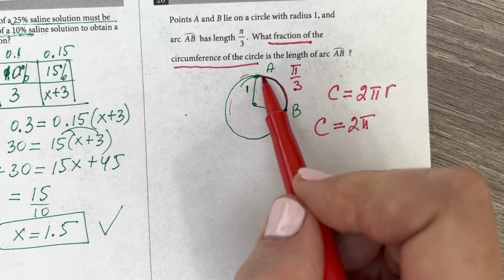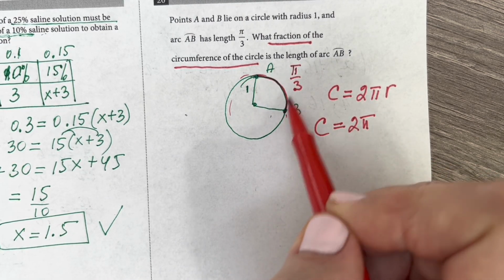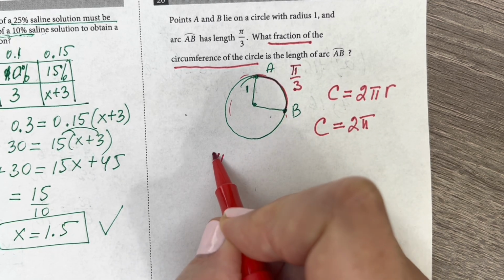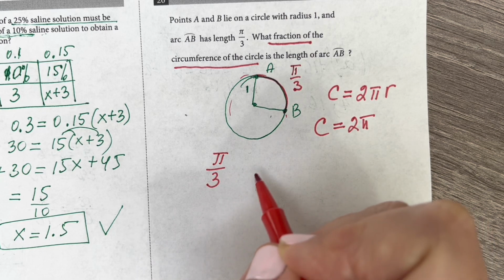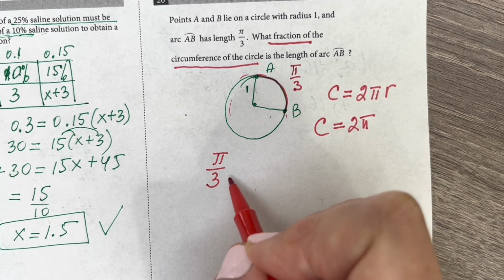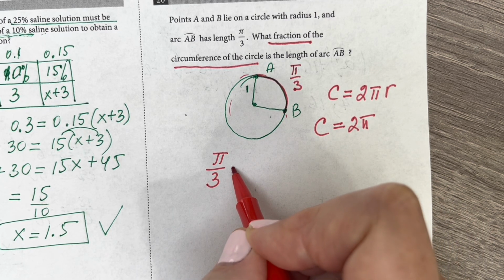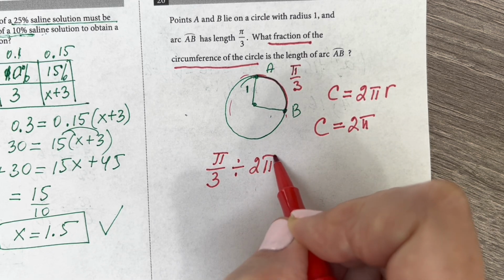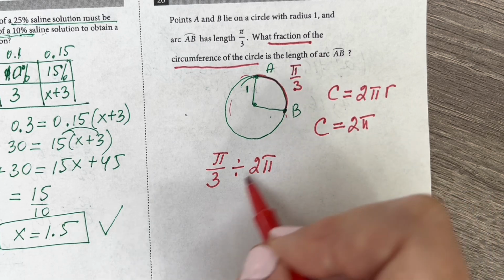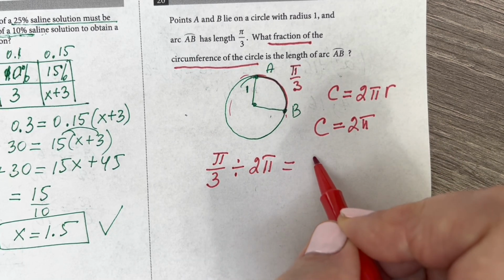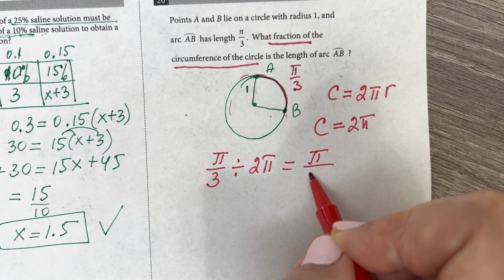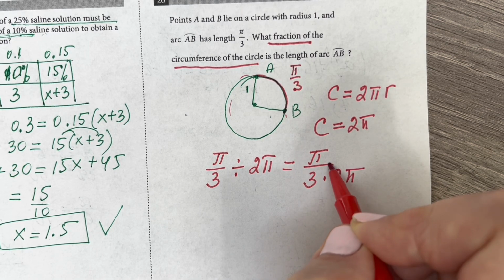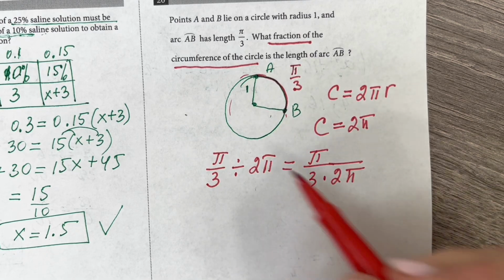What is the fraction? If we have the length AB is pi over 3, right? Pi over 3, and we divide by 2 pi, right? So pi over 3 divided by 2 pi, it goes on the bottom because of division.